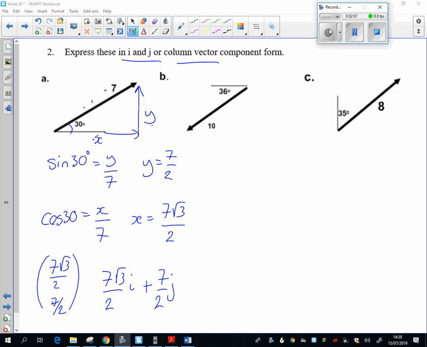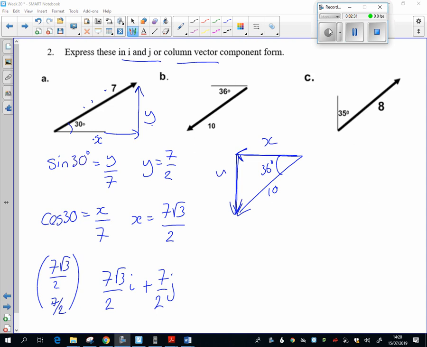Okay, let's do B. So there's my right-angled triangle for B. That's a 36-degree angle. The vector's going in that direction, so both my i and j vectors are going to be negative. Just from the direction they're going in, that's the negative i direction, and down is the negative j direction.